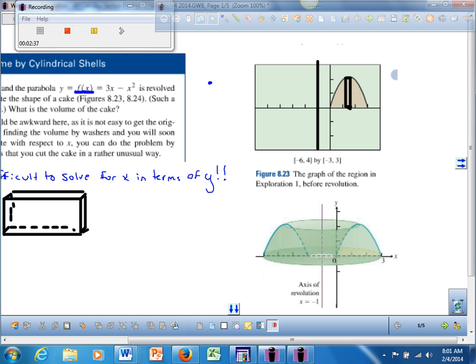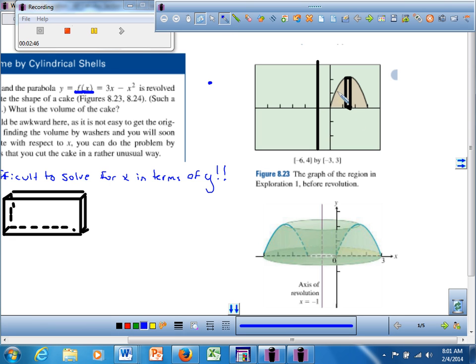All right, now let's think about this. If we wanted to do this with washers, then we would draw our rectangle horizontal, okay? And we would need to do right minus left.